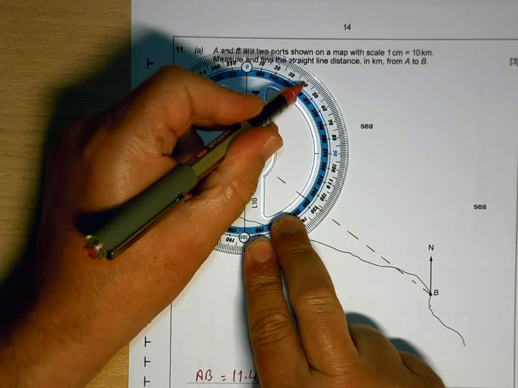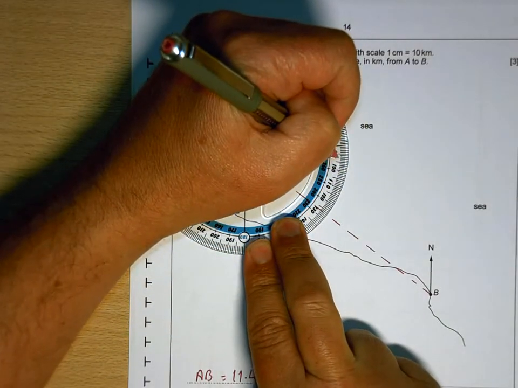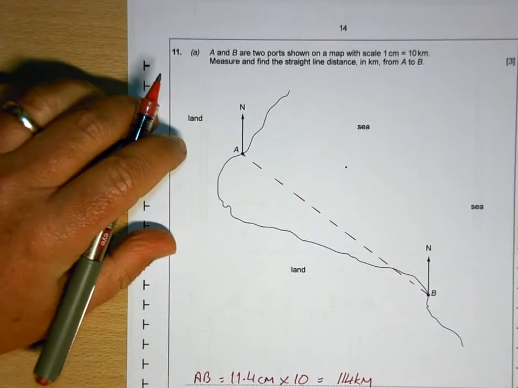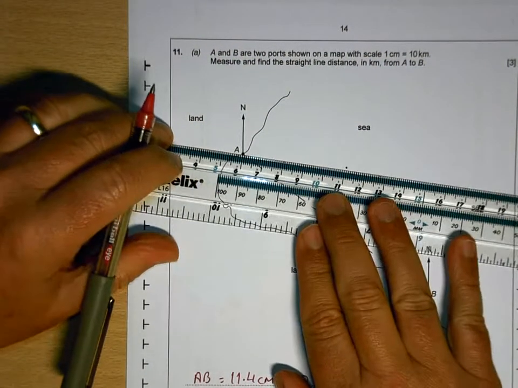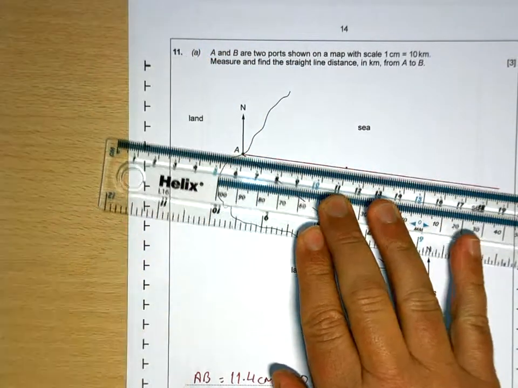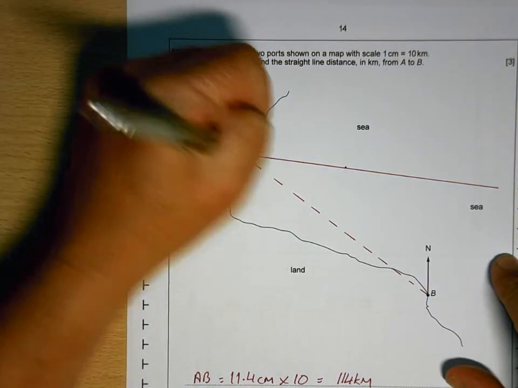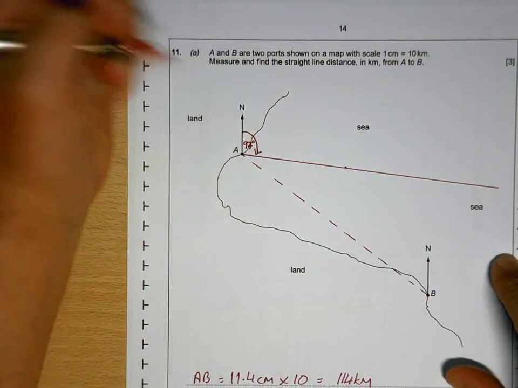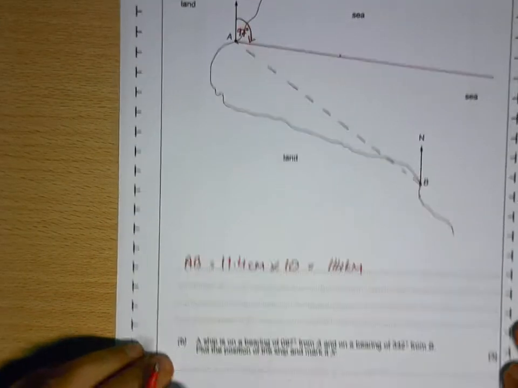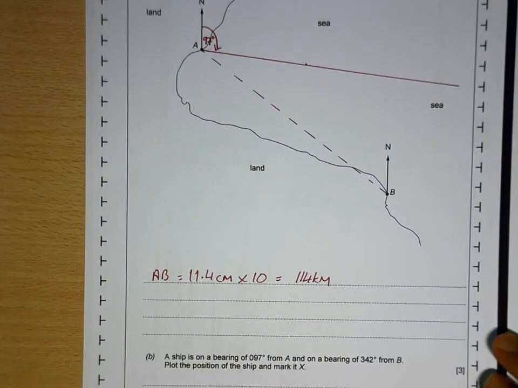0, 10, 20, 30, 40, 50, 60, 70, 80. 90 is there, 100 is there, 97 is there. And when you draw this line, you don't know how long it needs to be, so just draw it across the page like that, and then show that that angle there is your 97. Then to fix where the ship is, we need the bearing from B, which is 342 degrees.